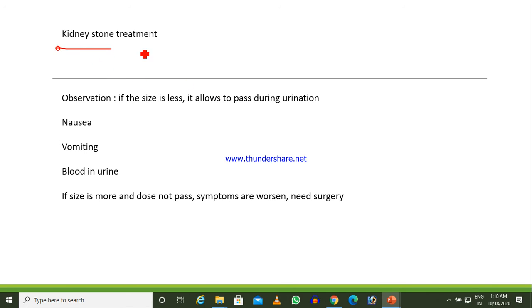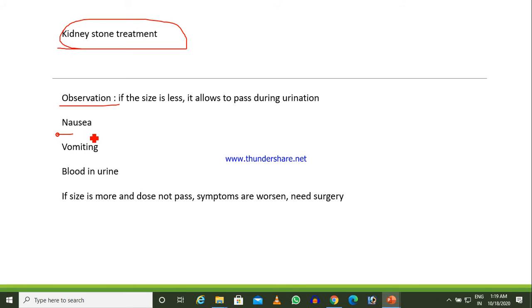So how to do the treatment? First is observation. If the size is small, less than 0.5 cm, normally we should wait and keep on observing so that it passes during urination.